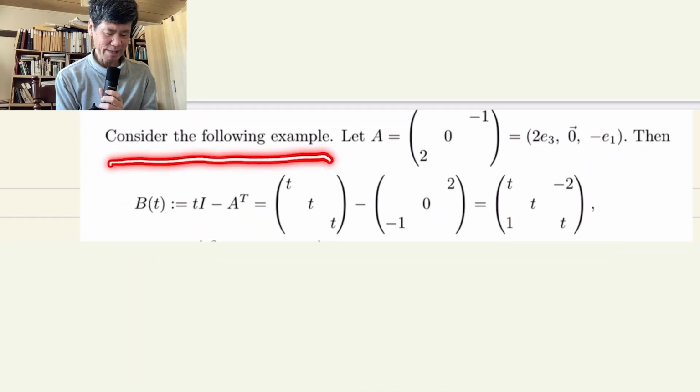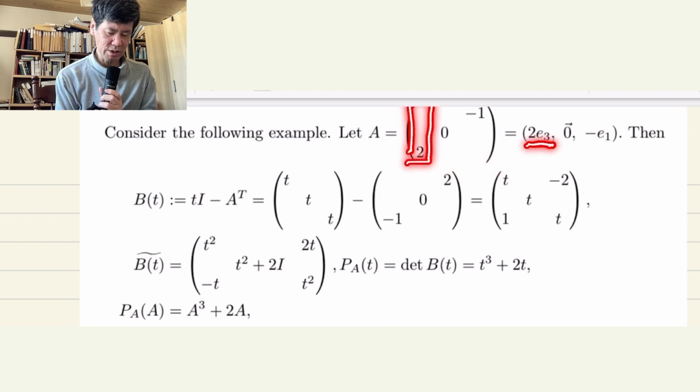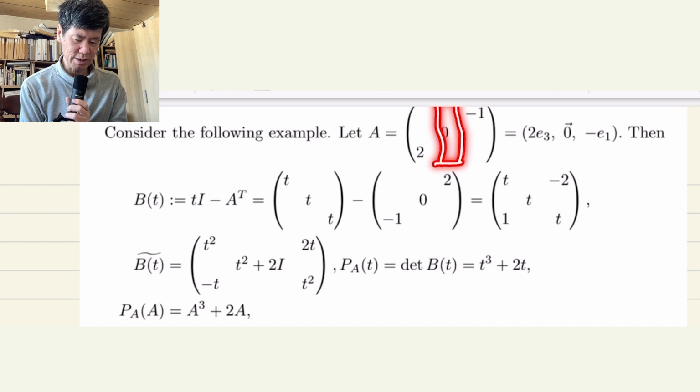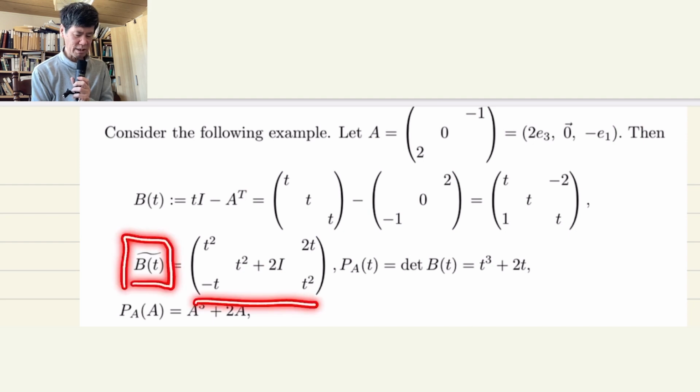Consider the following example. Let A be this matrix. That is, the first column is 2 times e3, the second column is the 0 vector, and the third column is minus e1. Then B(t) is defined to be tI minus A transpose, which is equal to this matrix, and the adjugate matrix B(t) tilde is equal to this matrix.